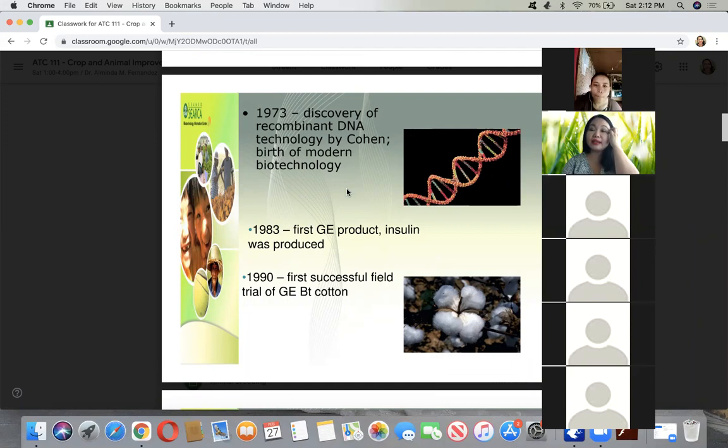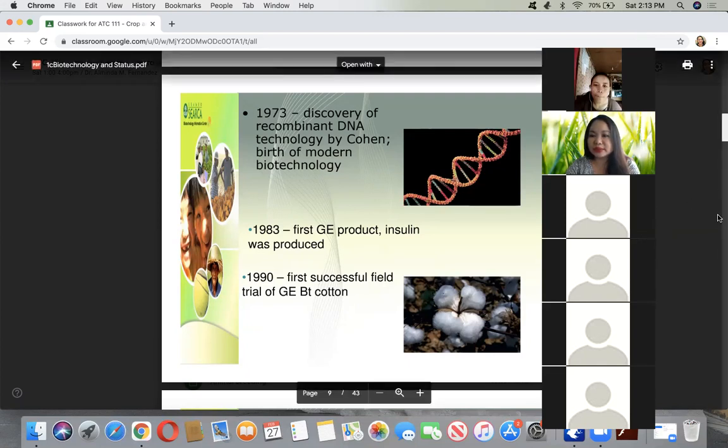And again, when we say DNA, deoxyribonucleic acid, it's the blueprint, the genetic makeup of our crops and animals. We humans also belong to animals.